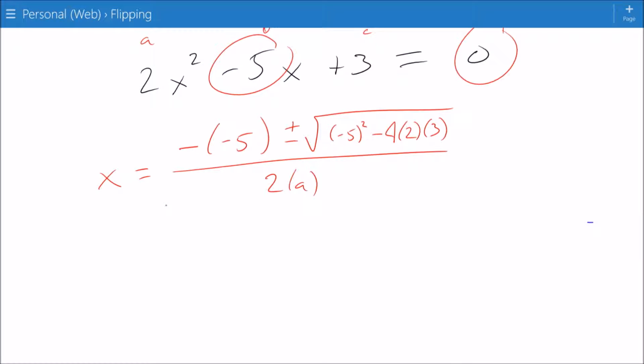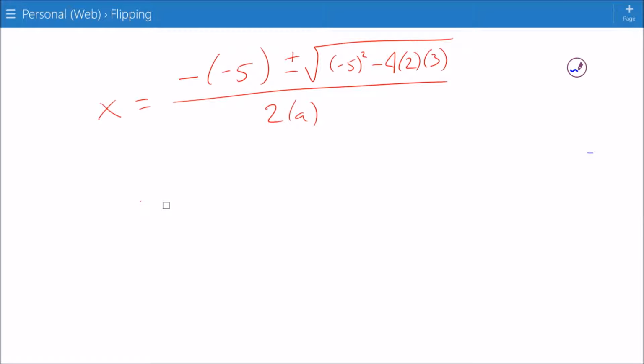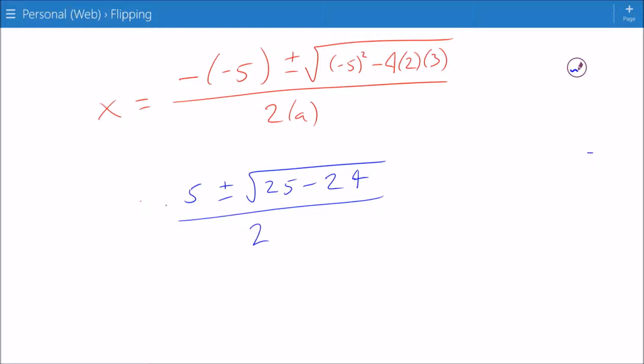Let's simplify this up a little bit. So this negative 5 becomes 5 plus or minus the square root of negative 5 squared is 25 minus 4 times 2 is 8 times 3 is 24 over 2 times 2, which is just 4.